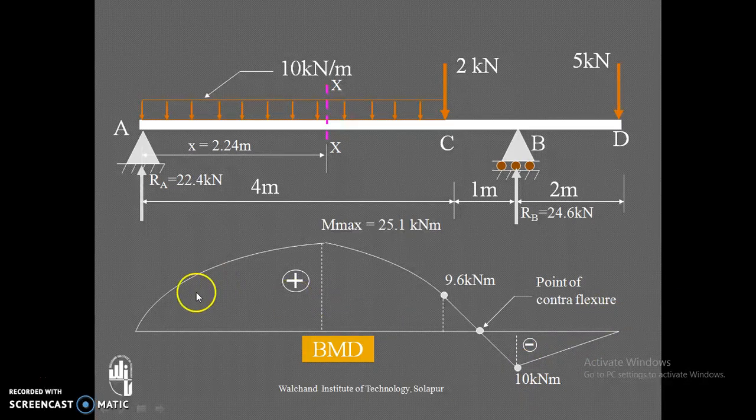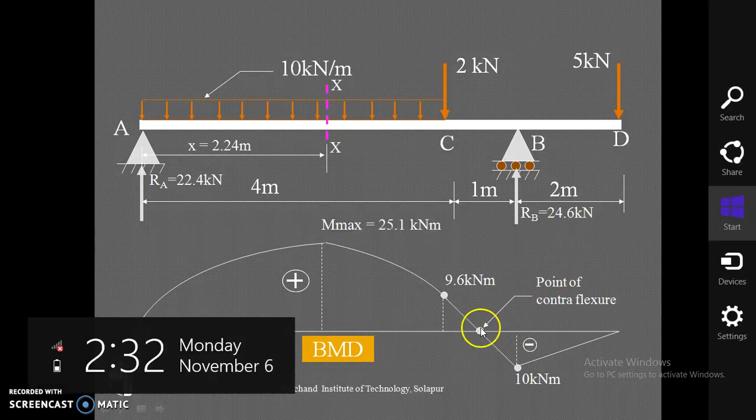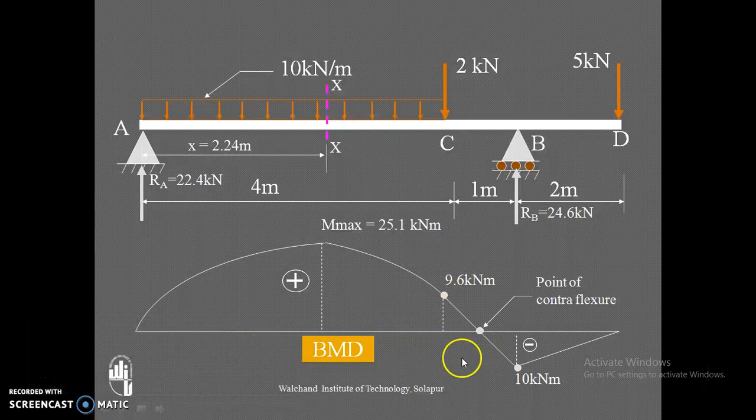Now in zone A to C it is positive. From C to B, the bending moment has changed its sign from positive to negative. So this is the point where the bending moment changed sign. This is called the point of contraflexure.